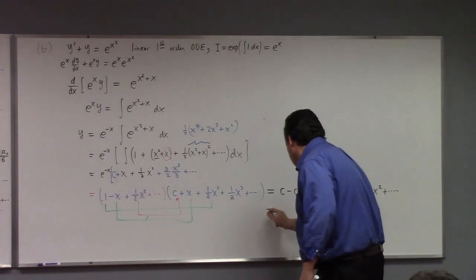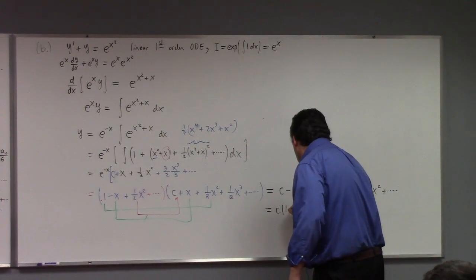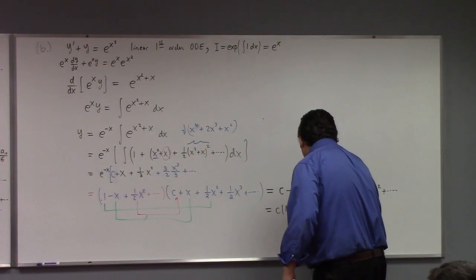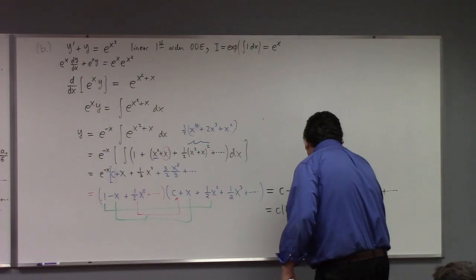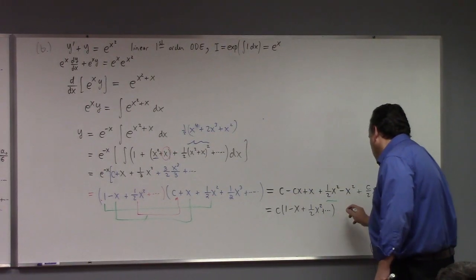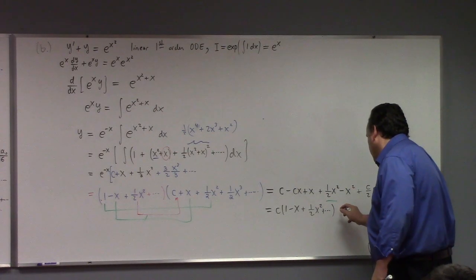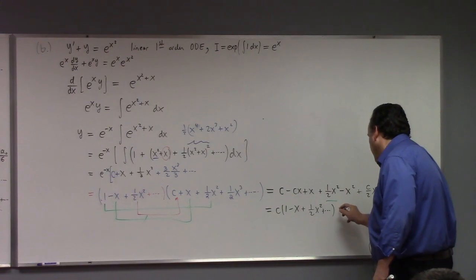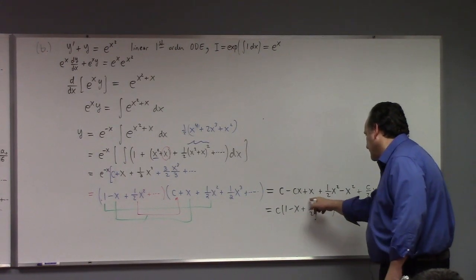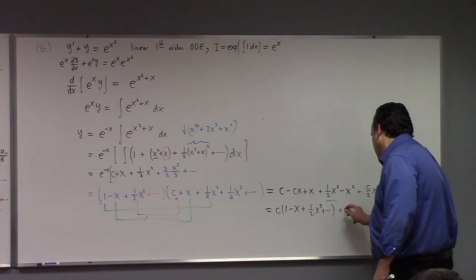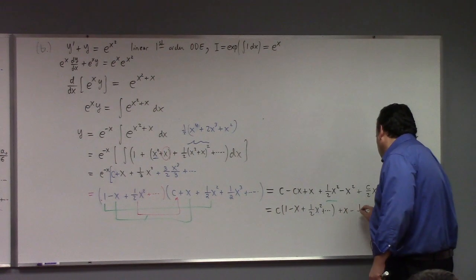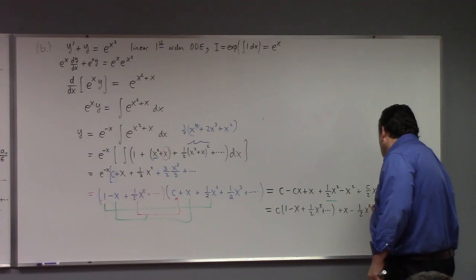So group everything together here. We've got the constant times 1 minus x plus 1/2 x squared plus dot dot dot, right? And then what else do we got? Plus what? Without the constant, I've got x and then minus 1/2 x squared, I think, and then higher order stuff.